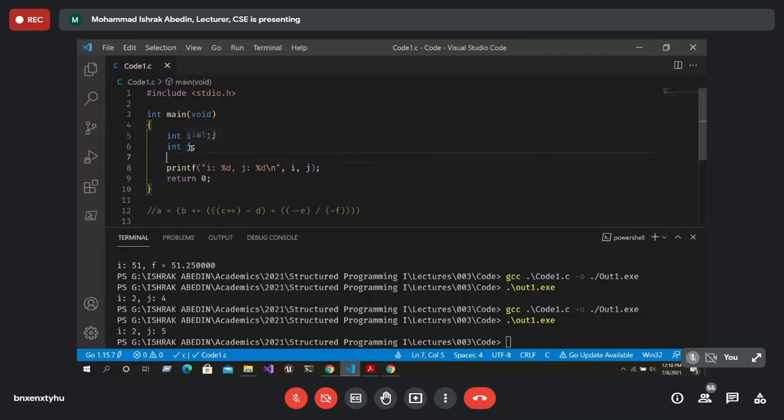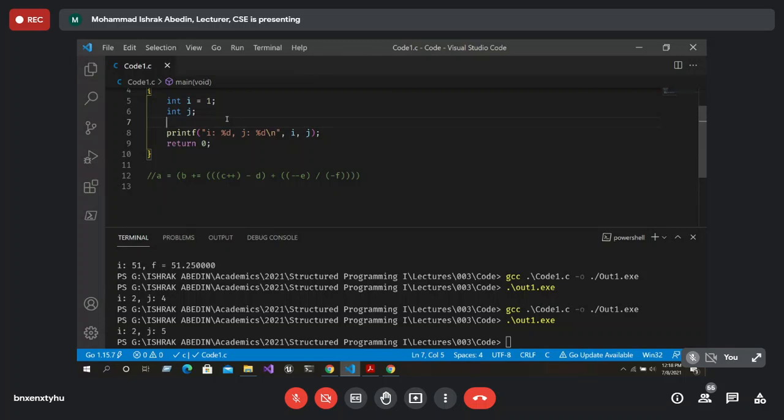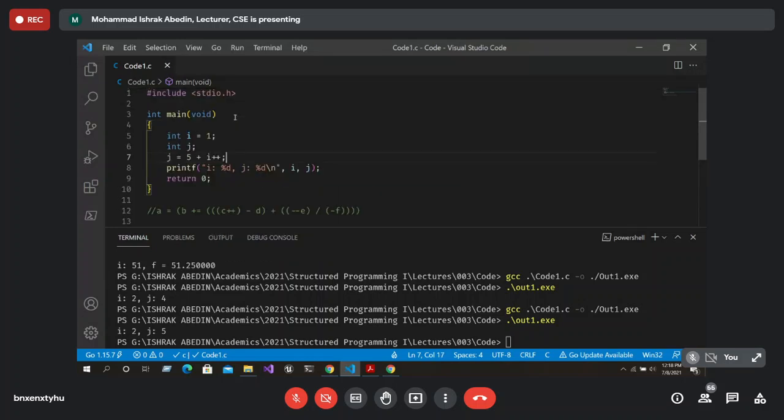Let's say i is 1 and j is some other variable, and I assign it like this: j = 5 + i++. Let's work with this one first. What will be the value of i and what will be the value of j, if I print this? Sir, i will be 2, and j will be 6. Okay, are you fine with the value of j being 6?